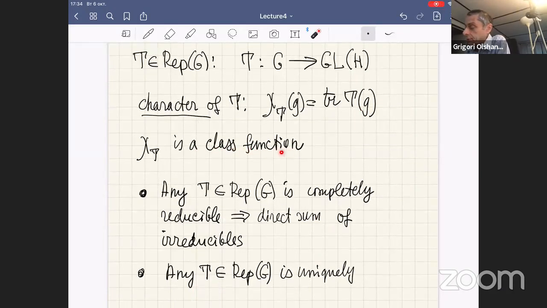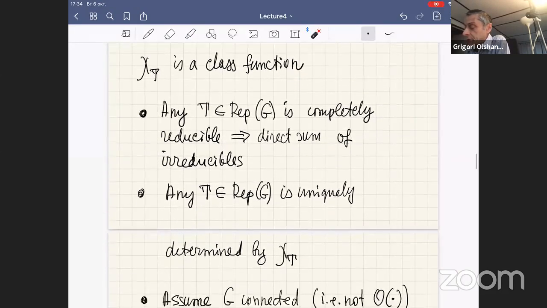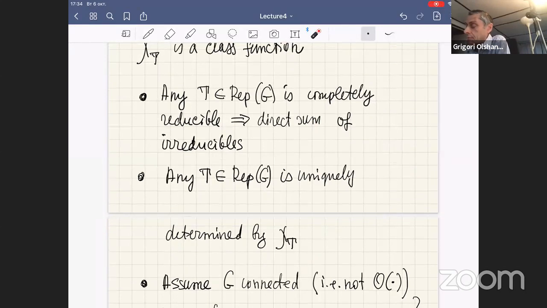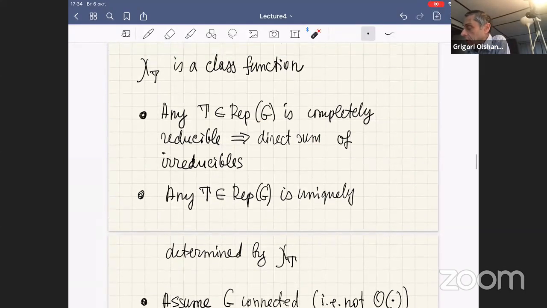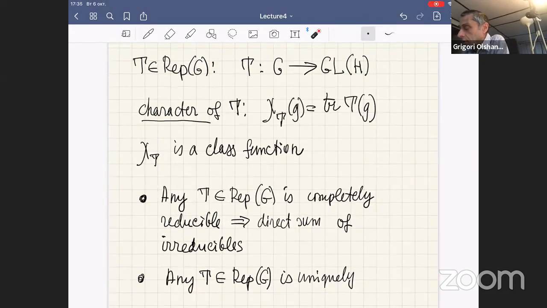It's constant on conjugacy classes. And there are some standard claims which can be found in any good textbooks. Maybe it's better to list some textbooks. There are many good books. For instance, Fulton and Harris.